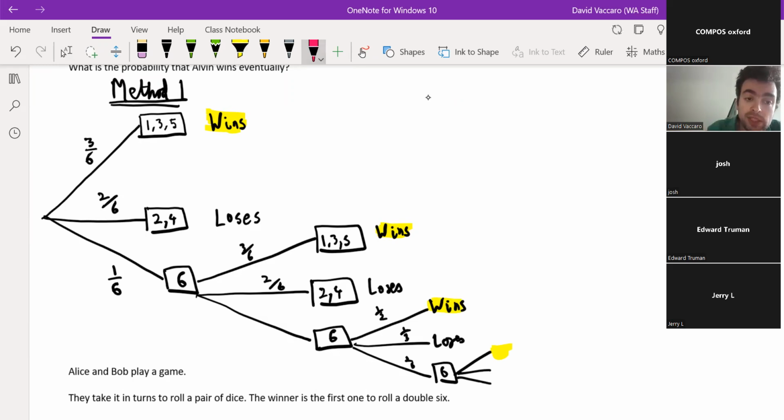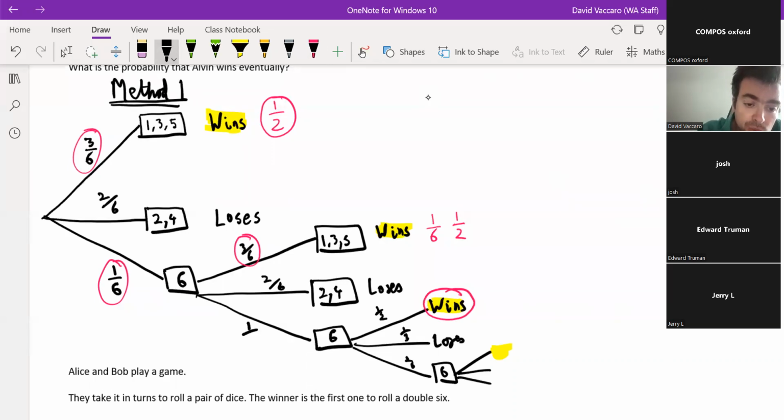So the probability of this branch is just 3/6, which I will simplify to 1/2. The probability of this branch is 1/6 times 1/2, or 1/12. The probability of this branch, well, what's happened here is there's been 2 6s.